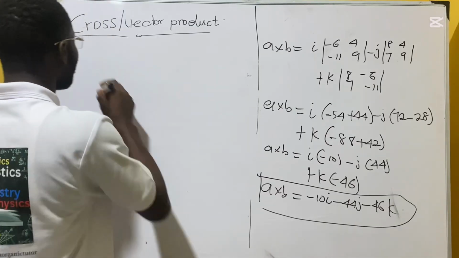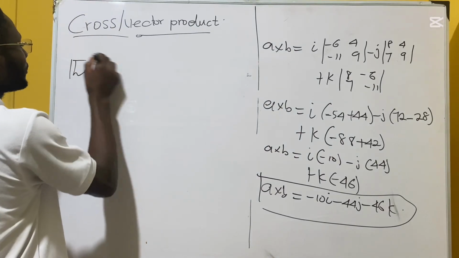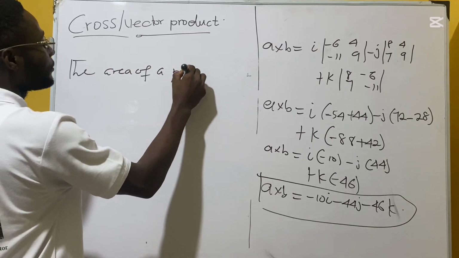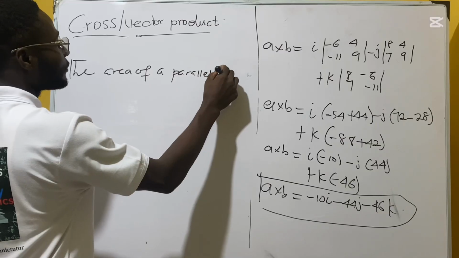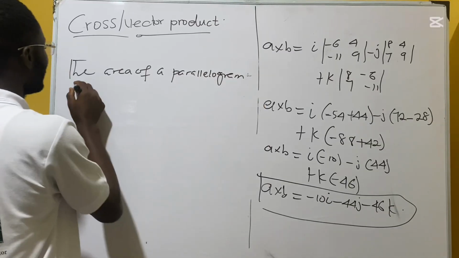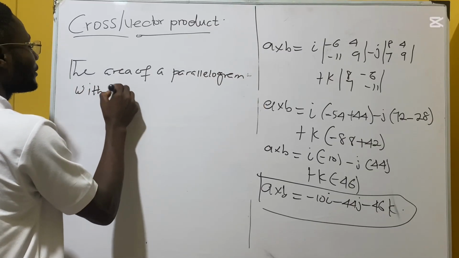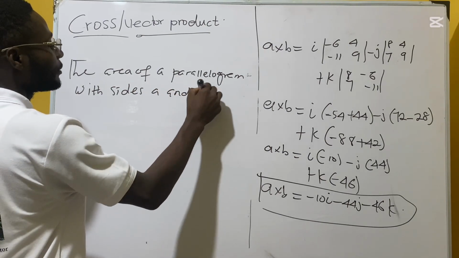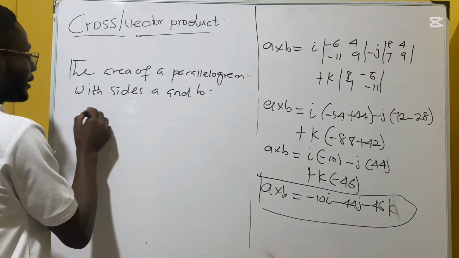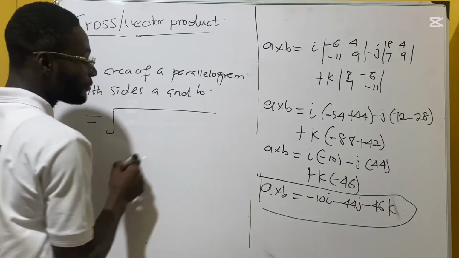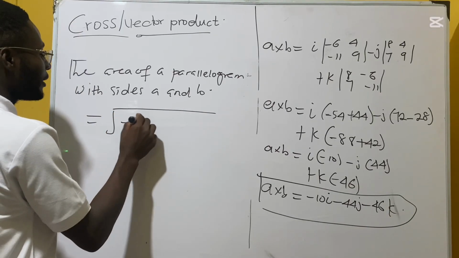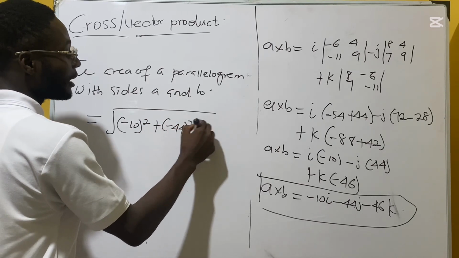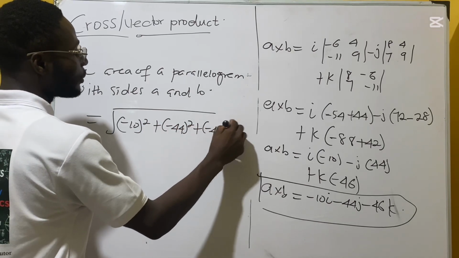Okay, so the area of a parallelogram with sides A and B is given as square root of negative 10 squared plus negative 44 squared plus negative 46 squared, right?